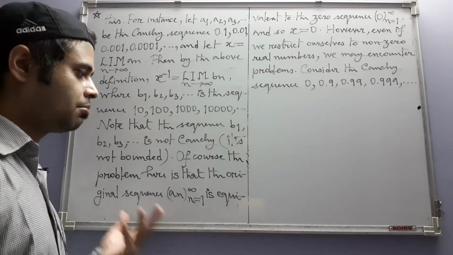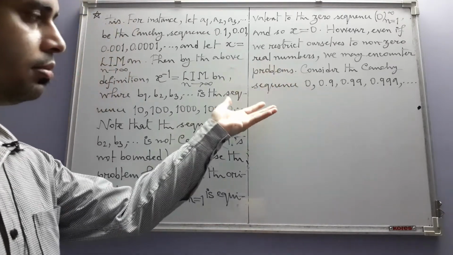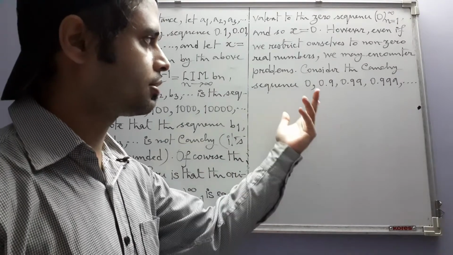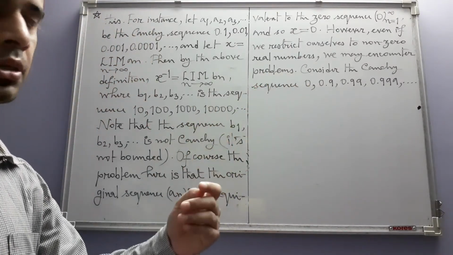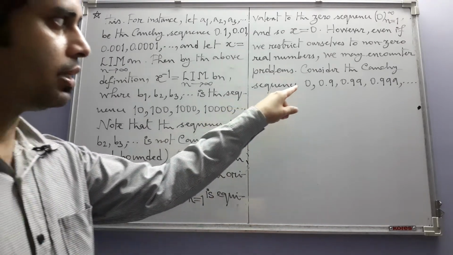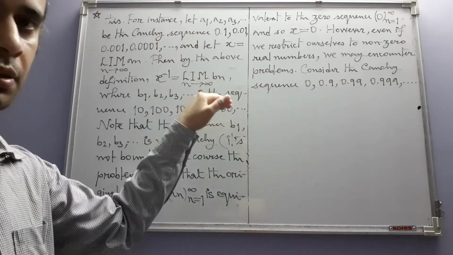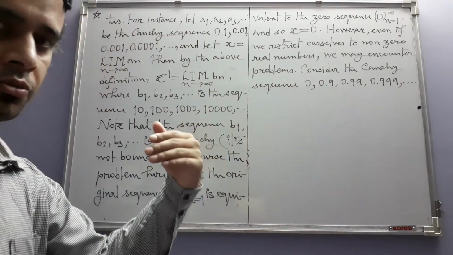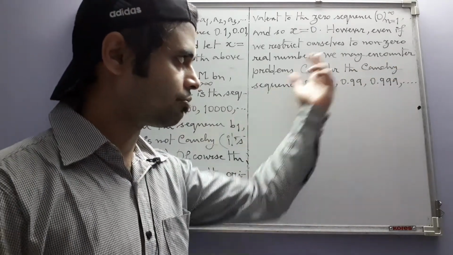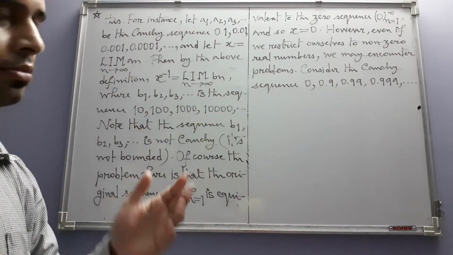In this case, the problem is of a different nature. It is a Cauchy sequence of rational numbers, so it will have a formal limit. Say that formal limit is y, and in fact we can show that this sequence is equivalent to the constant sequence, all of whose terms are equal to 1, so that the formal limit of this Cauchy sequence will actually be equal to the rational number 1.